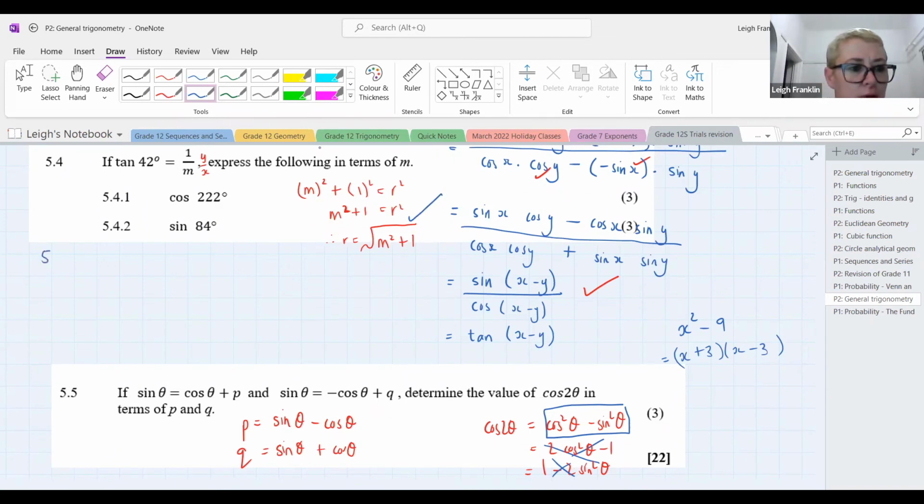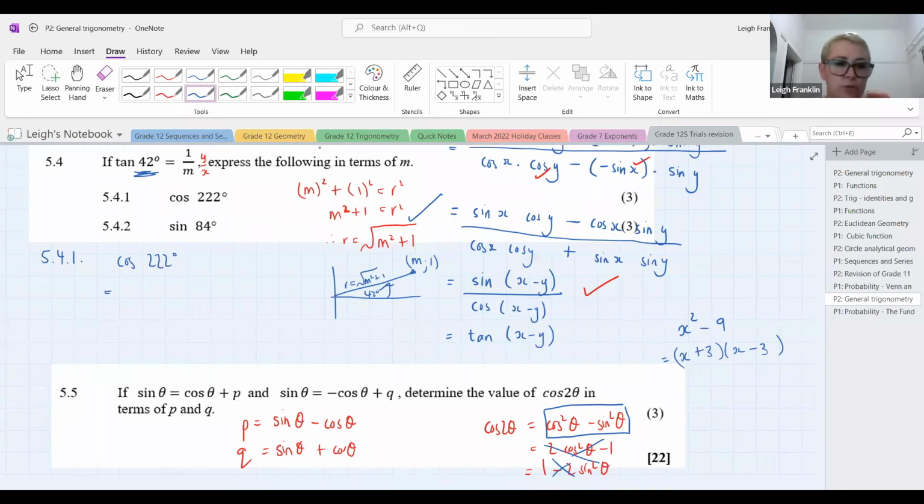Now we've got to use our reduction formulae. In 5.4.1, we have got to reduce the cos of 222 to an angle using 42. So in other words, we've got an angle of 42 degrees over here. At the end, we've got our coordinates, which are m and 1, and we've got r, which is equal to root m squared plus 1. So now we need to reduce 222 to something involving our 42.